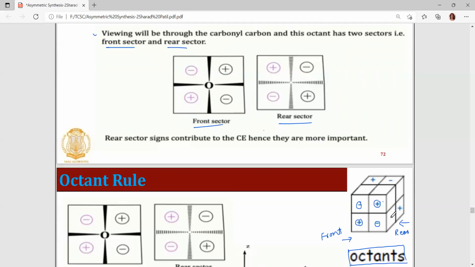On the rear side, you can see here positive, here again negative, here positive, and here again negative. This is the same as what they have provided here. So this is the rear sector: right side positive, left side negative, positive and negative. Hope you understand now.